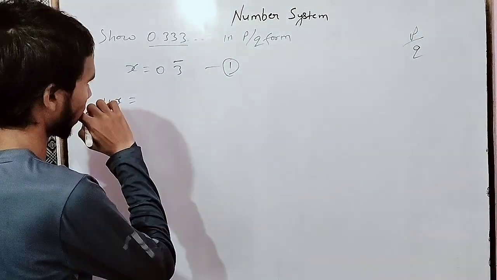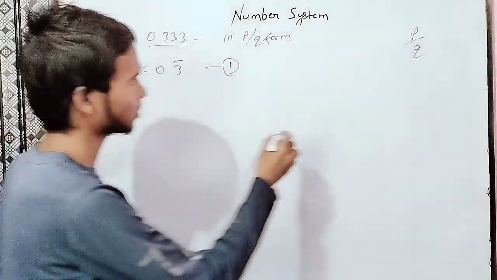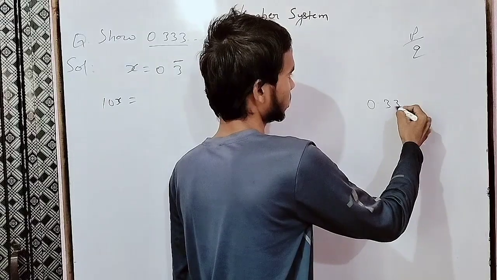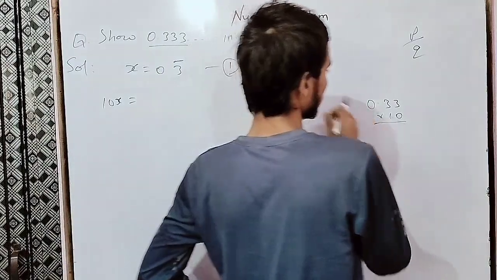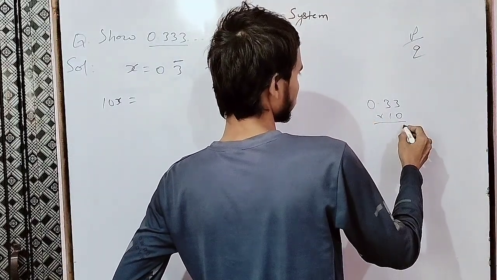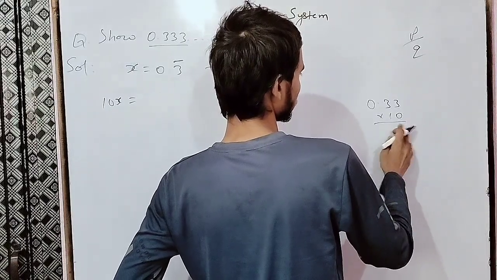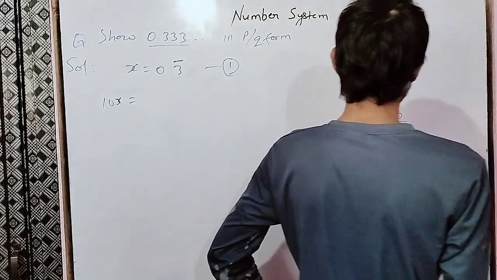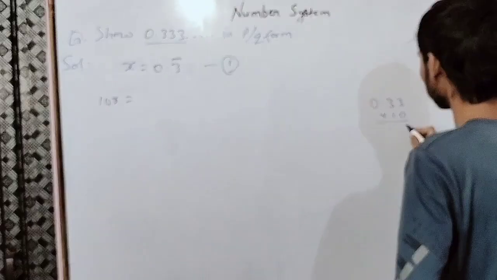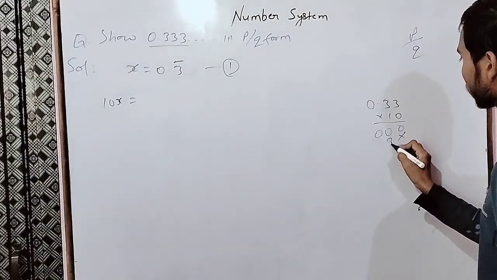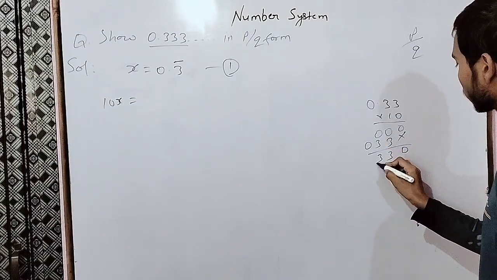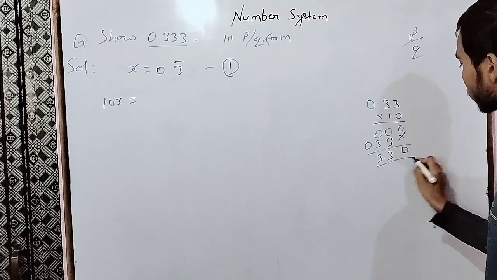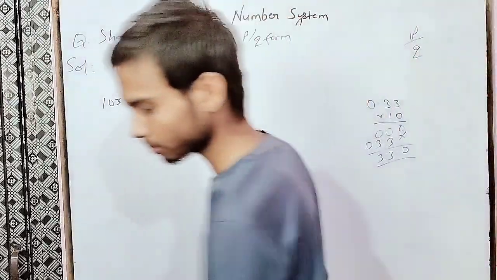So here 10x and 10, so it will become 0.33.